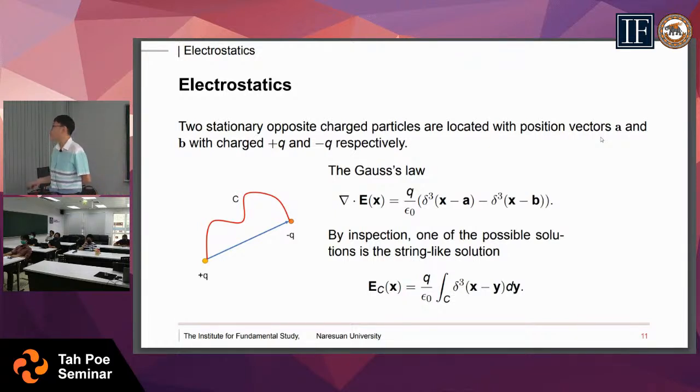And one of the possible solutions for this is the string-like solution, where the electric fields are tangent to this line or to this contour here. I may refer to this as the electric string, right? This is obviously one of the solutions. You can check it easily by putting it back here and computing, and you will see that it satisfies the Gauss law.